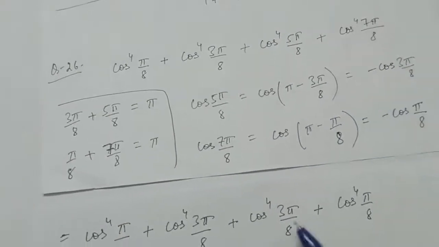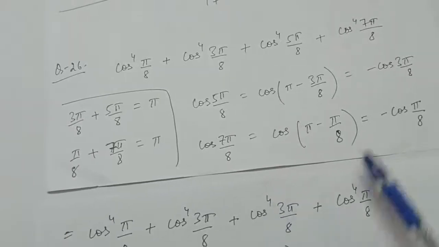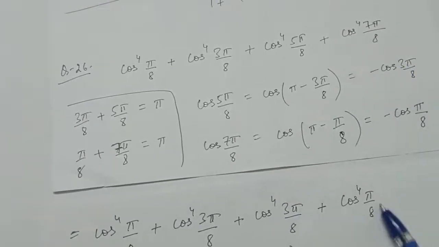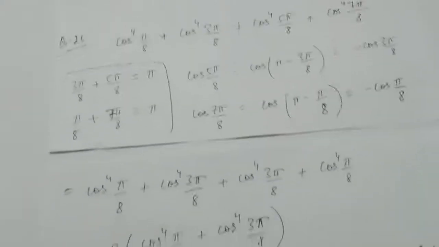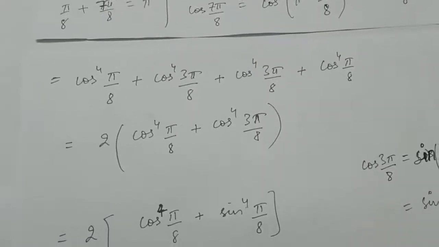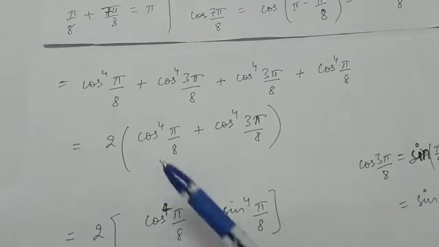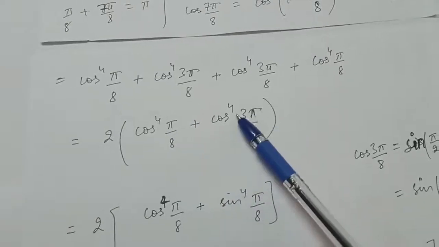So you will get cos 3 pi by 8 raised to the power 4 plus in place of this cos pi by 8 raised to the power 4, because minus 1 raised to the power 4 is 1 only. Now this is twice of cos pi by 8 raised to the power 4 plus cos 3 pi by 8 raised to the power 4.